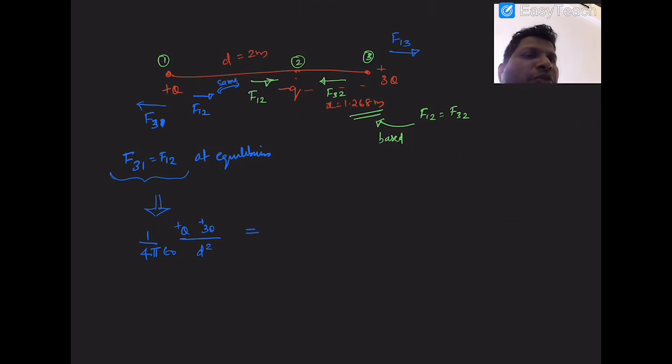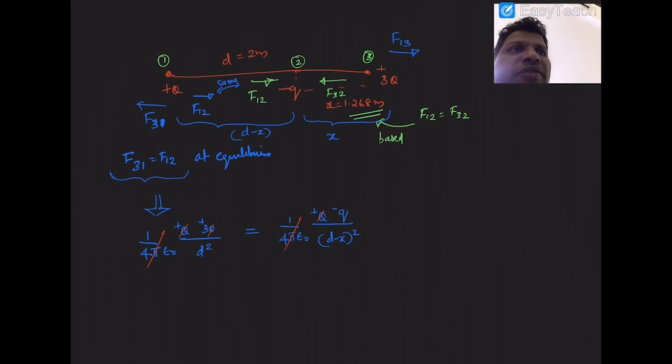This will be equal to the force between 1 and 2, which is 1 by 4 pi epsilon 0 plus Q into minus Q divided by the distance. What is the distance between these two? It is nothing but D minus X, because this distance is X. So D minus X the whole square. So you can cancel some common terms. Plus Q is cancelled. Then this 3, no, I cannot cancel this, sorry.